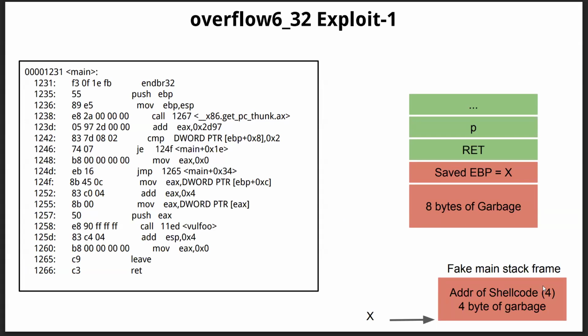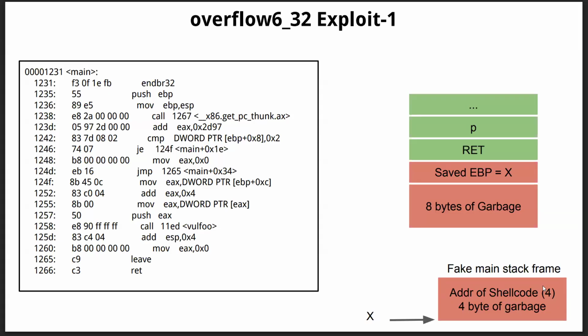Then somewhere we are going to create a fake stack frame for the main function, because this one is supposed to point to the stack frame of the main function, which is supposed to have a higher address than this one, right? But now we are going to override this, so it will not point to the real main function's stack frame. We create a fake one, and the fake stack frame should look like this.